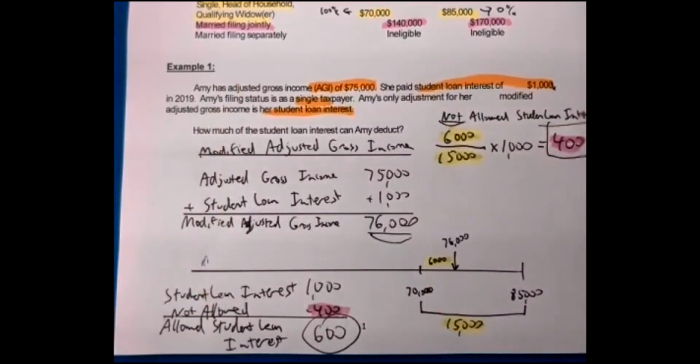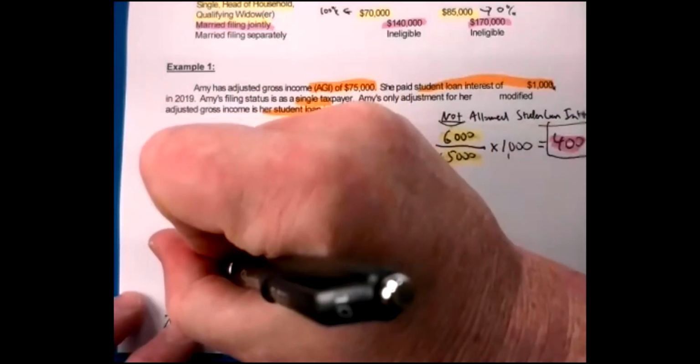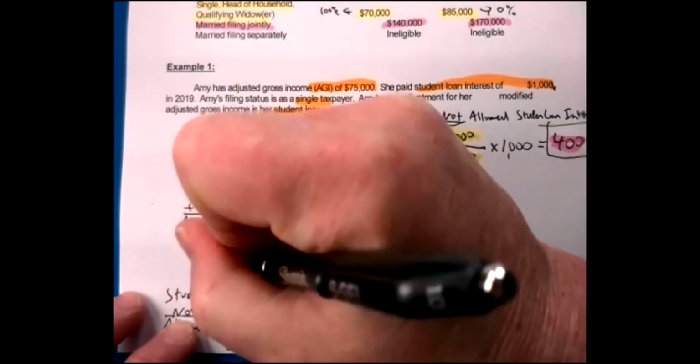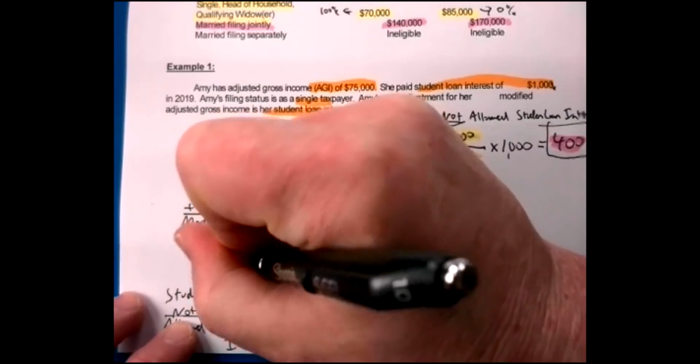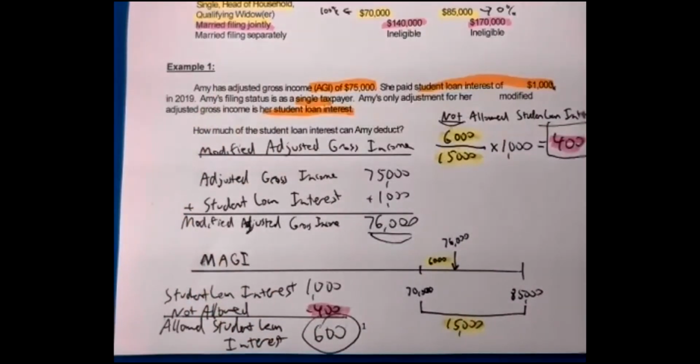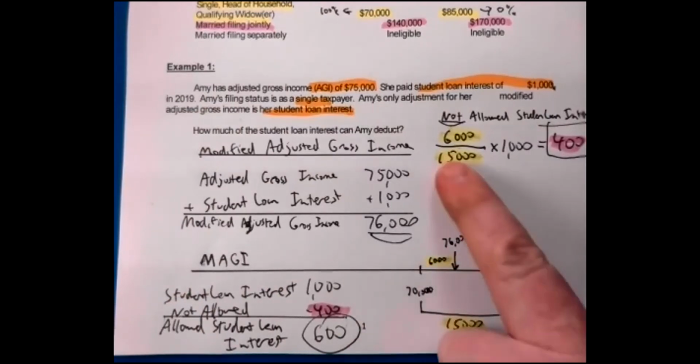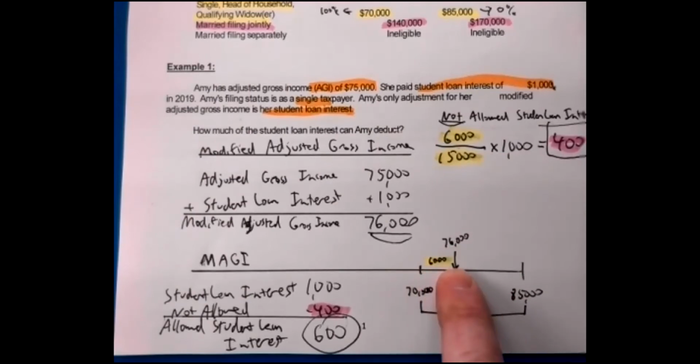Okay, so this is kind of a phase out period. So here's the two limits, and there's where it goes up to. So as this goes up higher and higher, more and more is not going to be allowed.